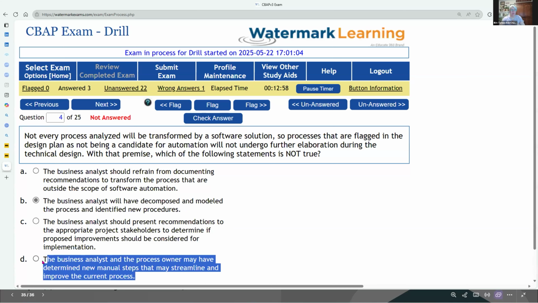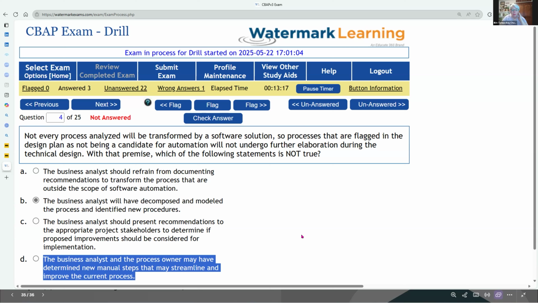Okay. And D. Is D true? Tia, can you please repeat again? What do you mean according to the BABOK? BABOK says that all the solutions should be a software solution? I couldn't catch that part.